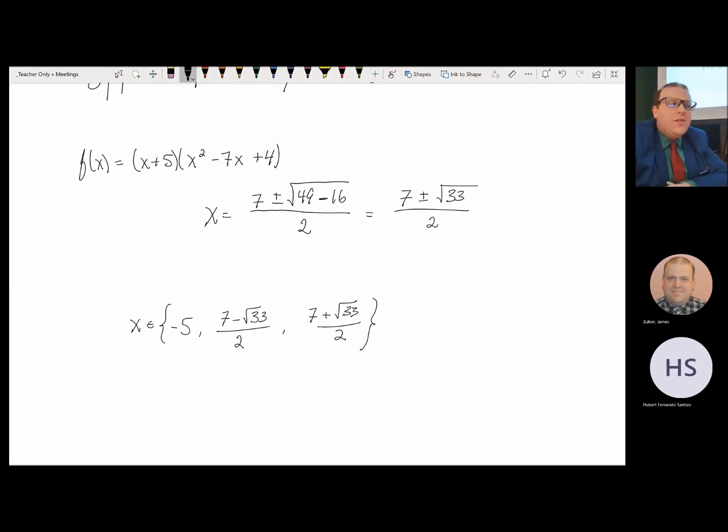And then there are your zeros. One negative and two positive. Which, if we would have done the chart, that would have been one of the combinations.